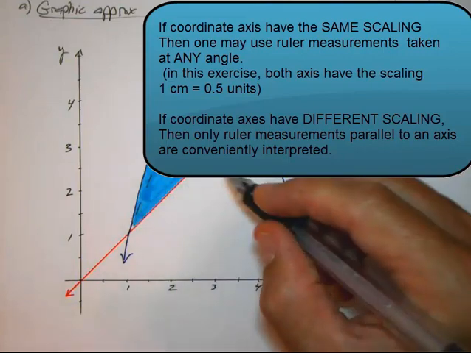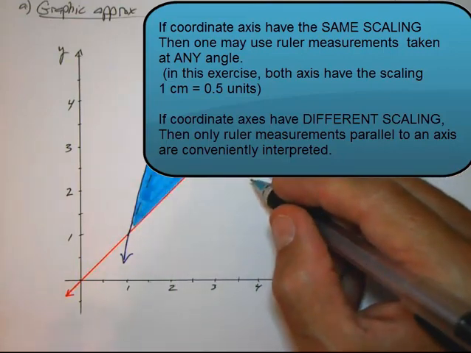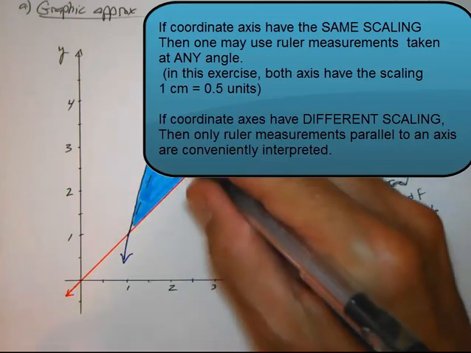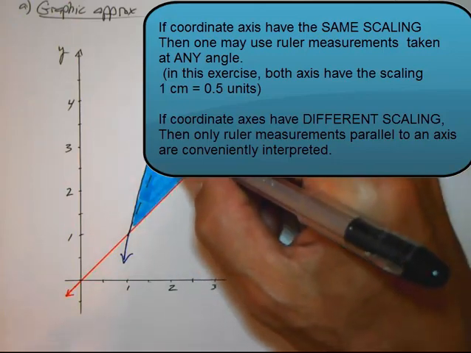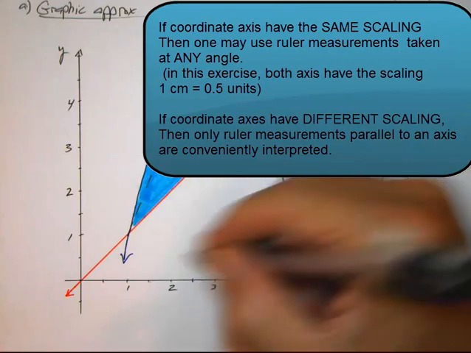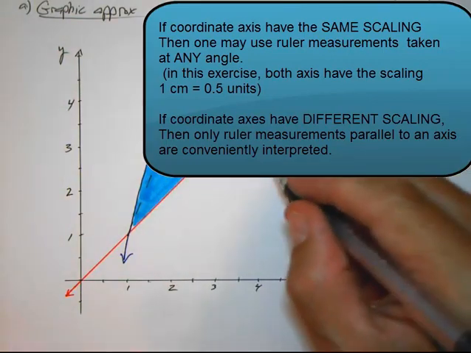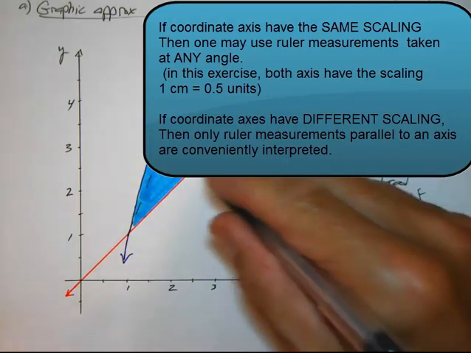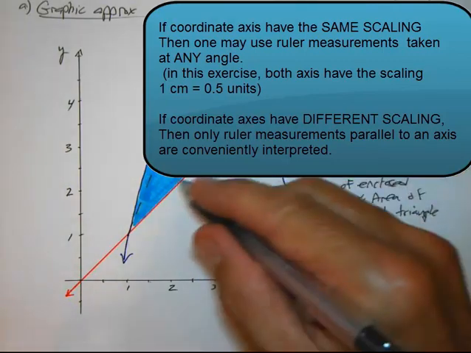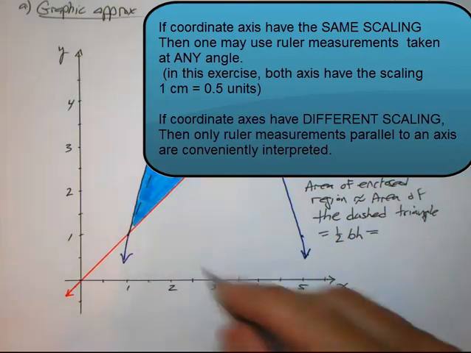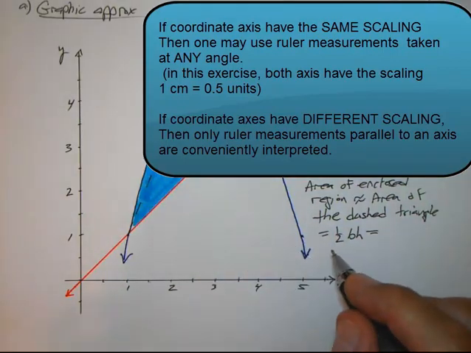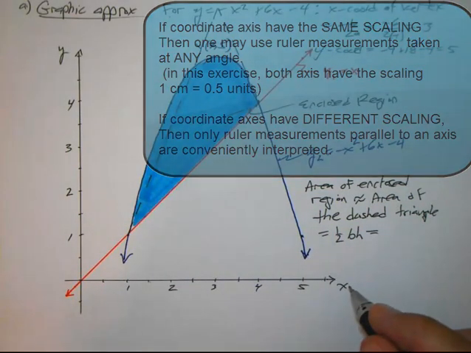If that's not the case, I would have to be restricting myself to shapes whose important sides are parallel to one of the axes. And we'll see that situation in some later exercise. But for now, I can get away with this triangle with all kinds of sides that are all oblique relative to these axes, and just be fine because they're scaled the same.